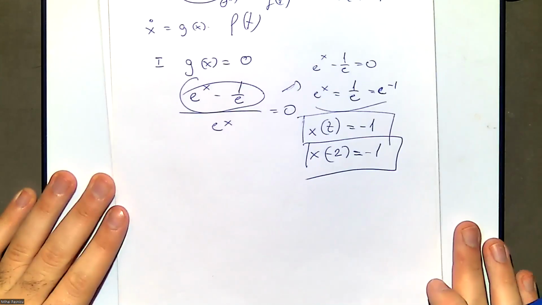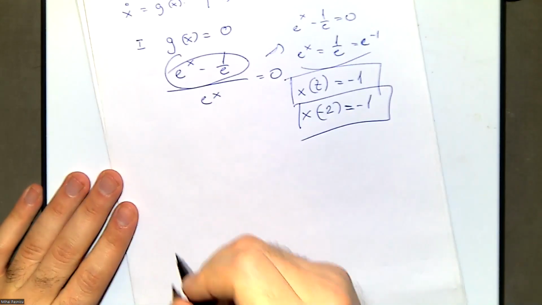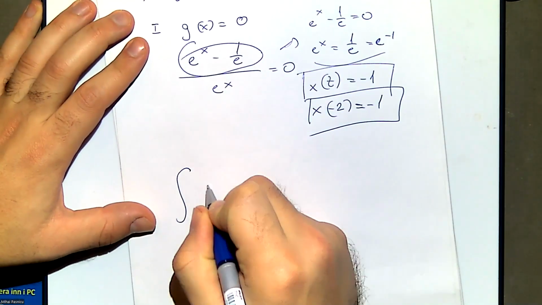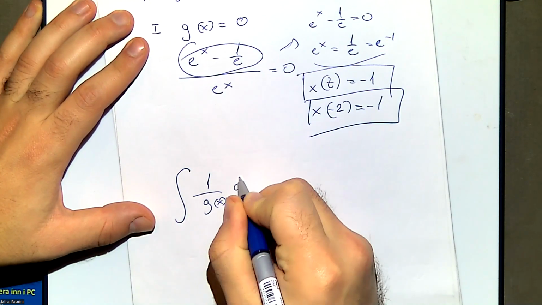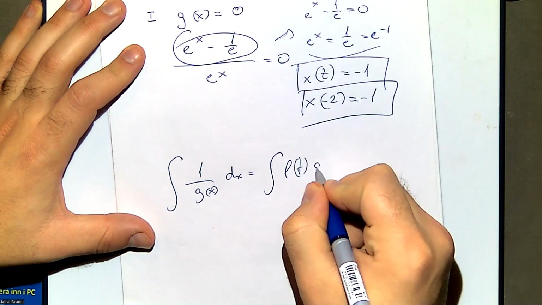Now for the other 5, I have to do the general solution, which is just the integral of 1 over g of x dx is equal to the integral of f of t dt.